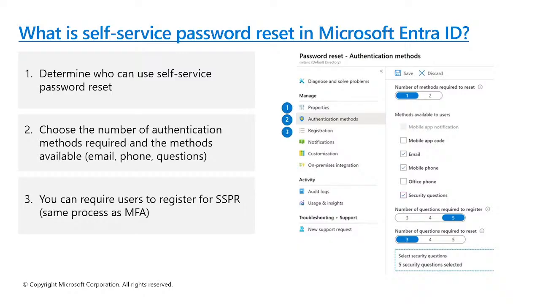So for the self-service password reset, like I said, you want to give your user the liberty to be able to reset their password on their own. This just shows you the things you need to set up to make this happen. You don't want just anyone to be able to reset a password.